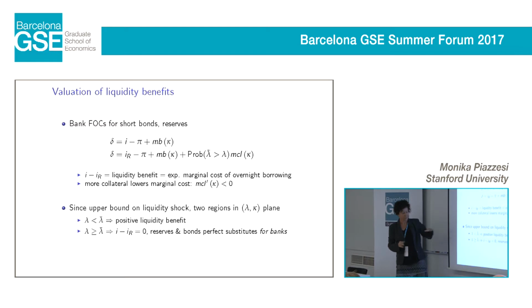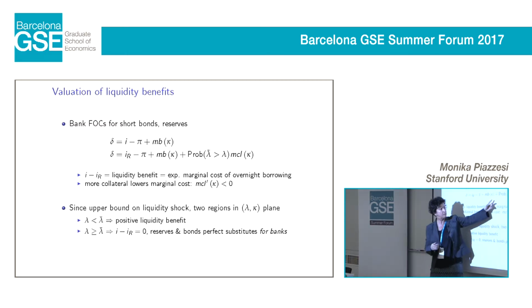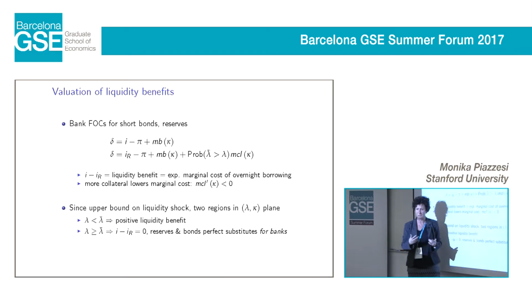Because I've introduced this upper bound on the maximum liquidity withdrawal or deposit withdrawal that banks can experience, there are going to be two regions for holding reserves. If a bank holds a liquidity ratio that is smaller than this upper bound, then reserves still give you positive benefits because it may still be possible that you run out of reserves.